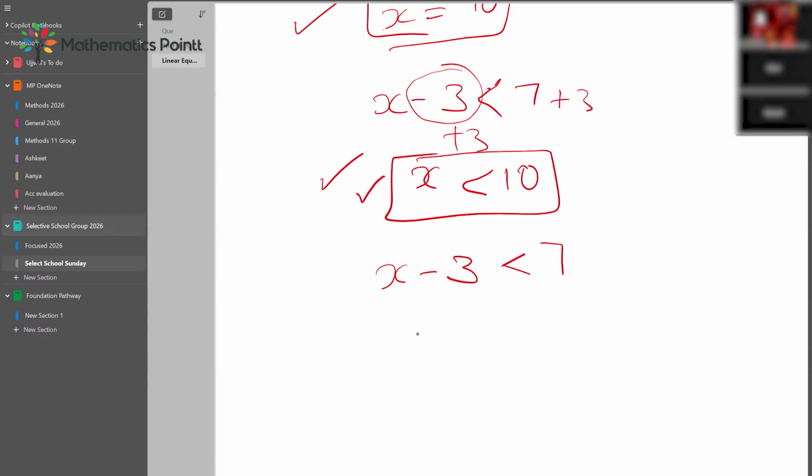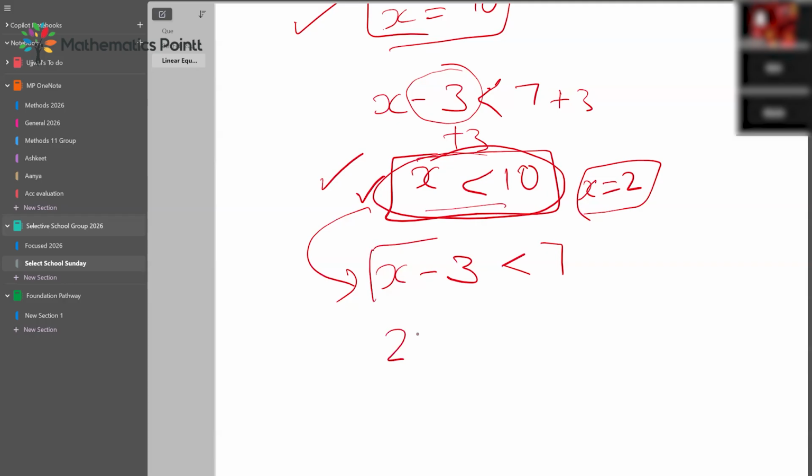Pick up any number which is less than 10 and try to feed this rule. So let us say I pick x equals 2 and substitute it in. I am only allowed to pick x values less than 10 and find whether this rule holds true or not.